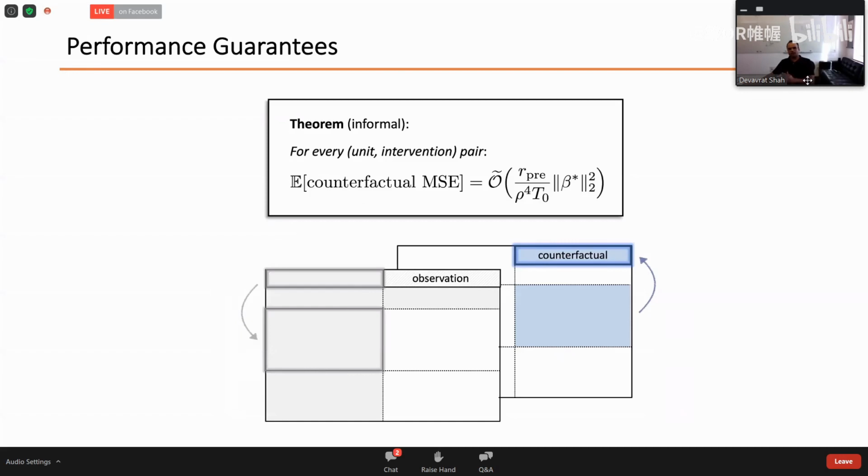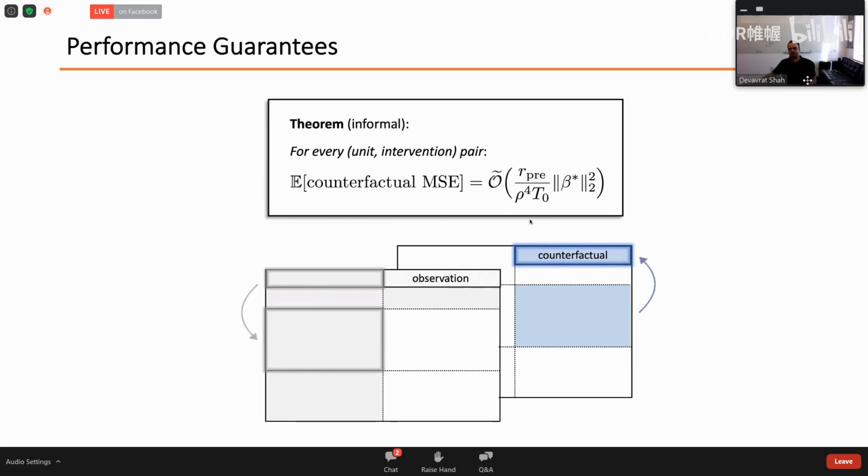Putting everything together, what we find is, under this tensor factor model with the right details, and I've not presented the details here, but they are all out there in the paper that's on arXiv, that the average mean squared error in the generalizations, that is the counterfactual error, scales like 1 over T naught, where T naught is the number of observations that we used to learn the synthetic intervention model.